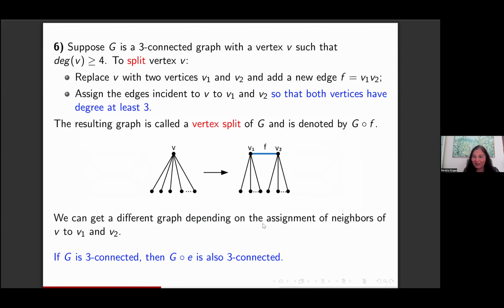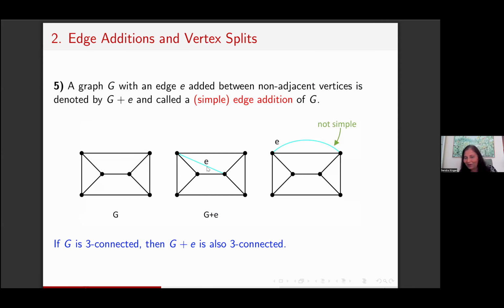And now, vertex split is the opposite of contraction, and it's a little bit involved, so let's go through this carefully. The key difference is that when you add an edge, you're just getting one graph.